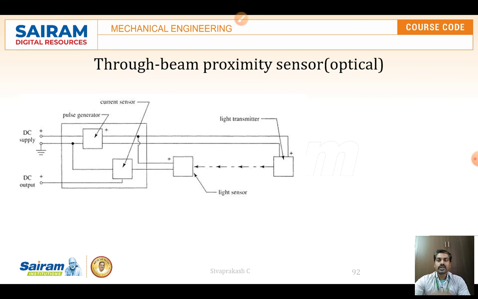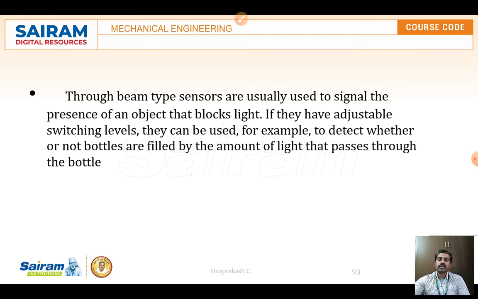And this is used for controlling. The sensor is just to detect whether any component is coming near or not. That is the only thing the sensor can do. By using these outputs, another application is door opening, closing, or emergency switching off, like that it will happen. So this is the one type.